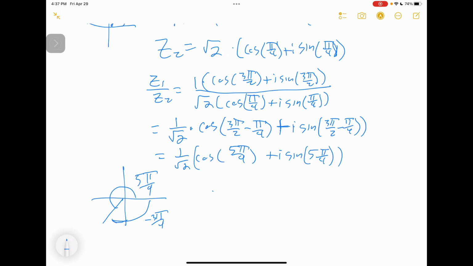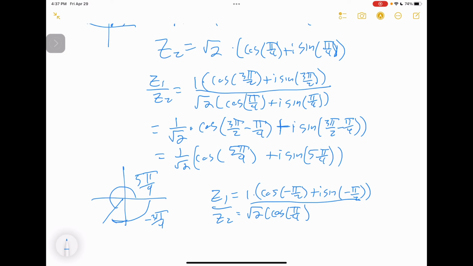What they did instead is say that Z1 was 1 times cosine of negative pi over 2 plus i sine of negative pi over 2, and Z2 is the square root of 2 times cosine of pi over 4 plus i sine of pi over 4.